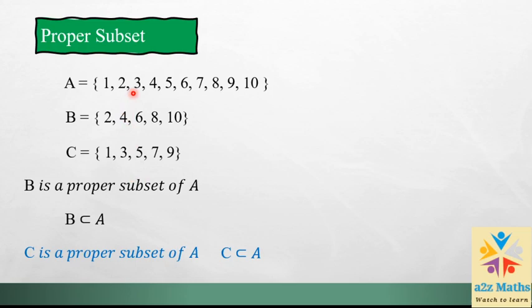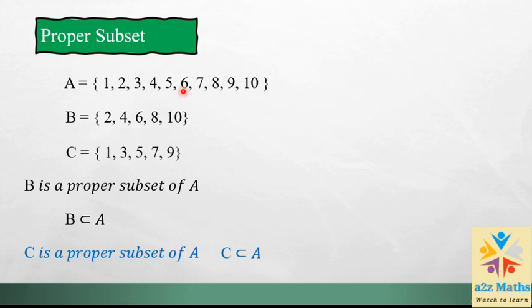So in this case, we can say that B is a proper subset of A. I repeat, because the set A contains some elements other than the elements of set B, but all elements of set B are present in A.